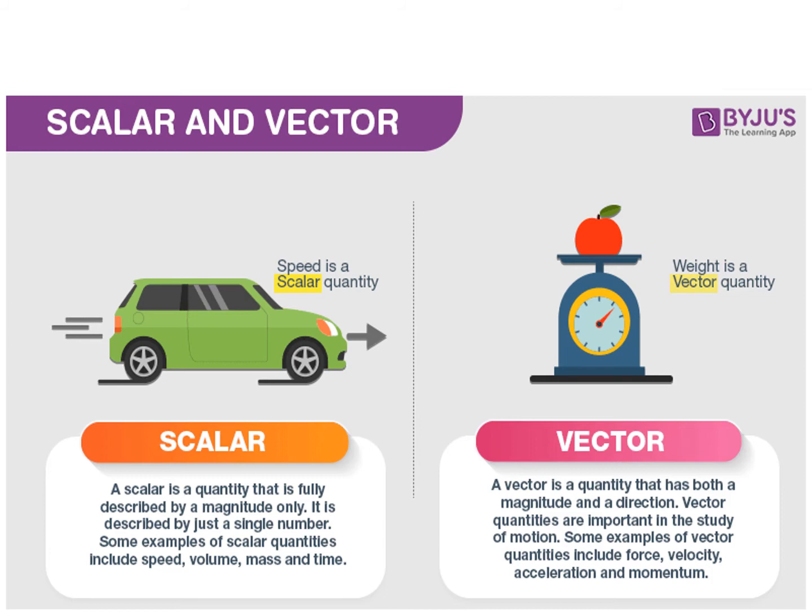So definitely it also has a value. So from this we can say that force is a vector quantity, because the force has both value and direction. If you apply the force, you can specify the direction. So this is all about force.